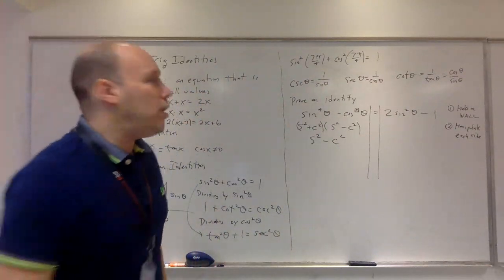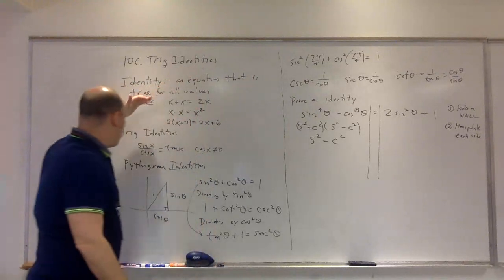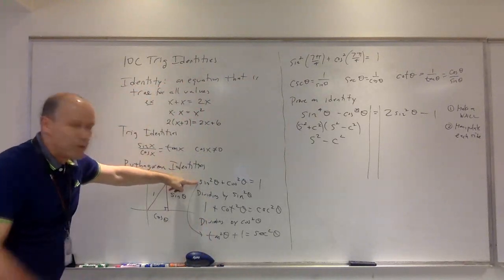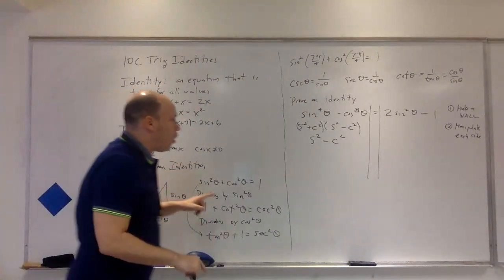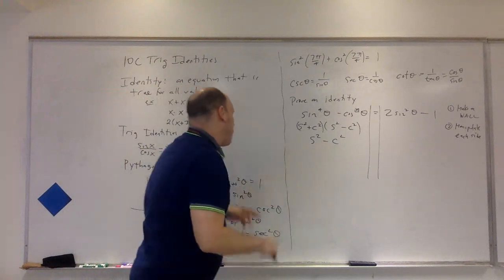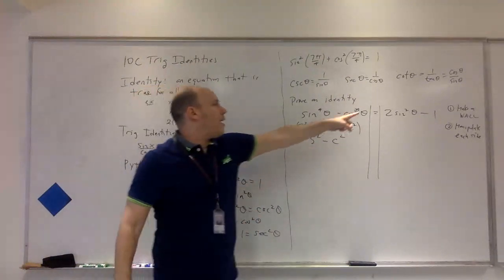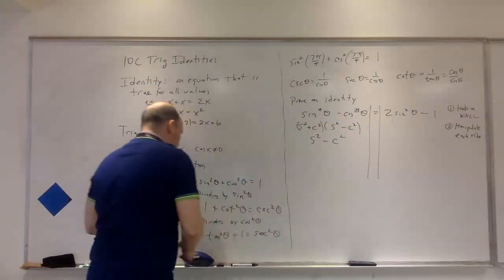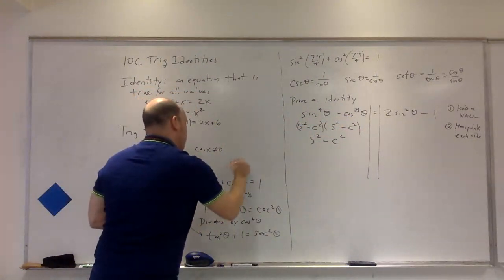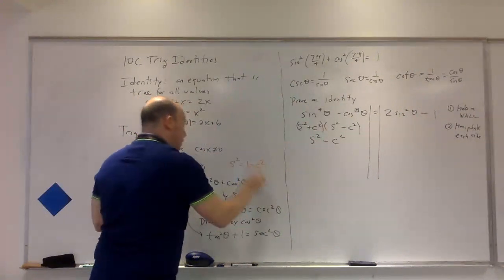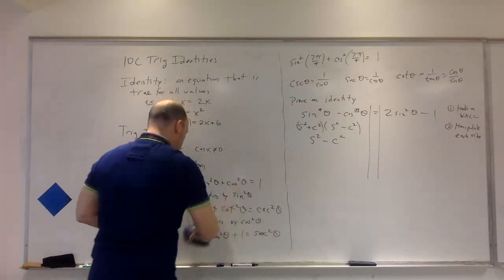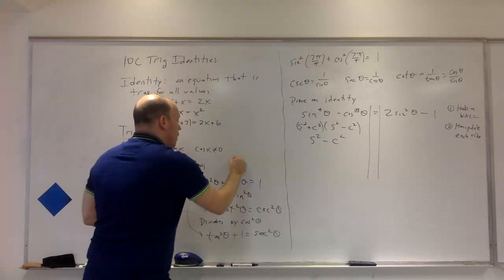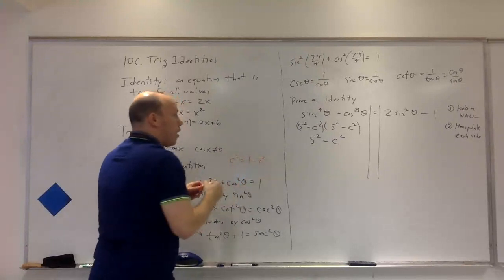Then we're generally going to use this Pythagorean identity. We saw how to manipulate it. I want sine squared, so, no, I apologize, cosine squared is equal to 1 minus sine squared.